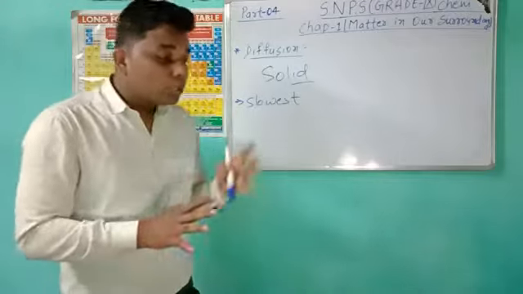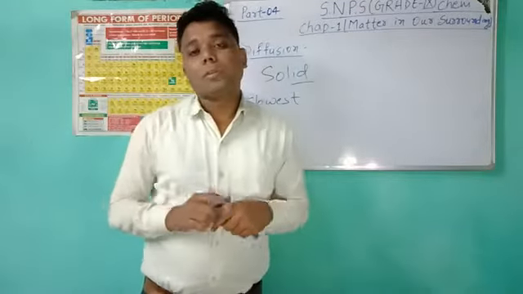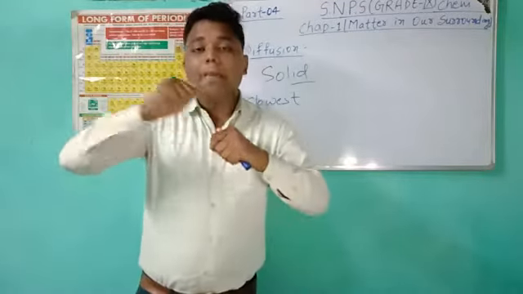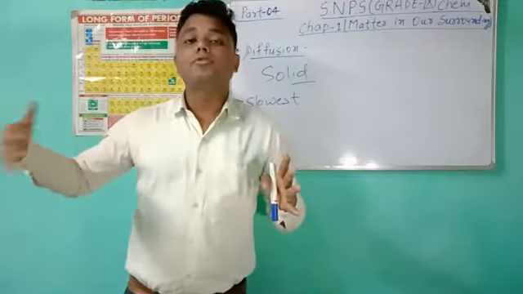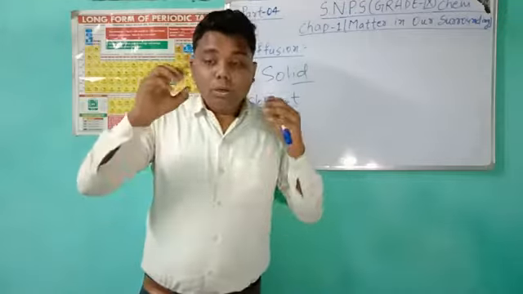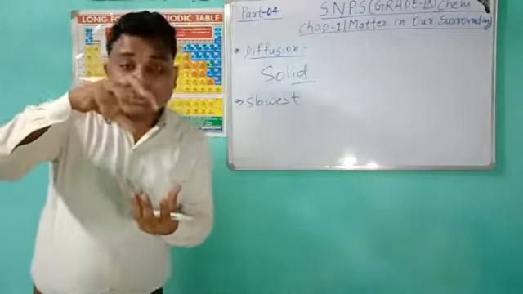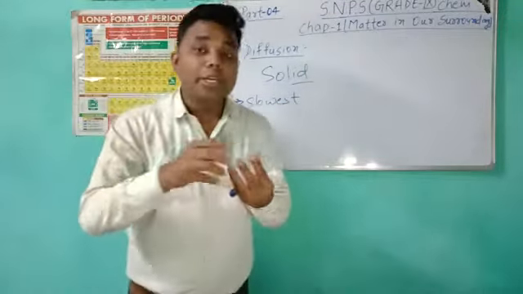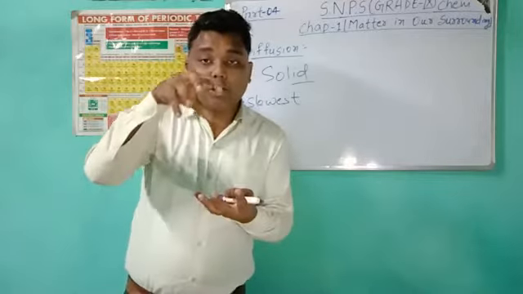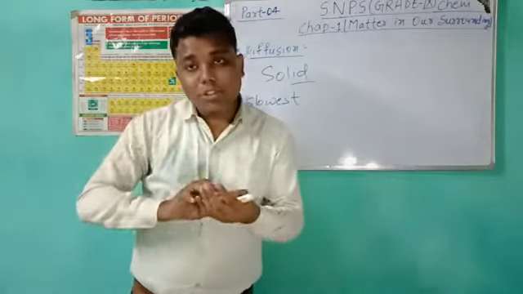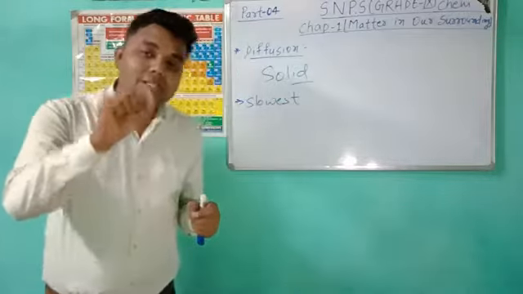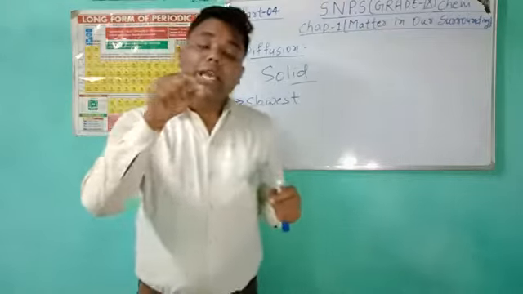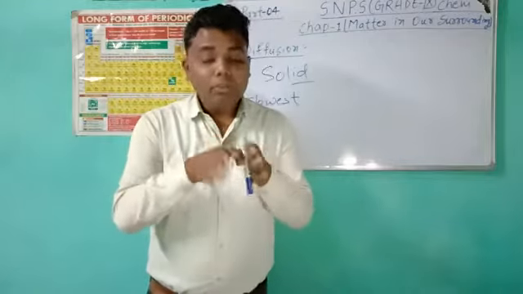If we take two metal blocks and tie them together for a few years, 2 years, 3 years, 5 years, then the diffusion of the particles of one solid into the other solid is very small. Only a very small amount of a solid can diffuse into another solid.